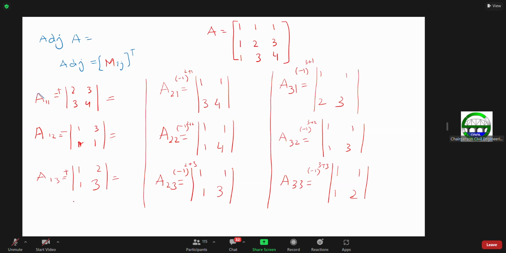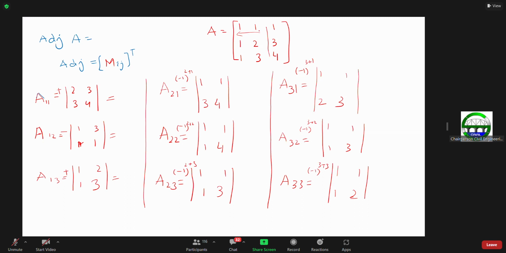A12 is equals to 1, 3, 1, 4. So this one and this one is gone. So 1, 2, 1, 1.